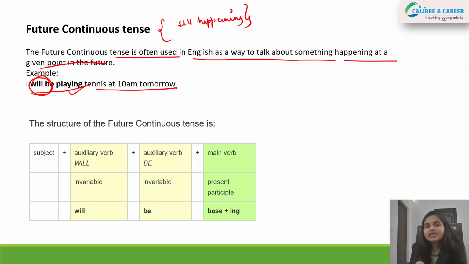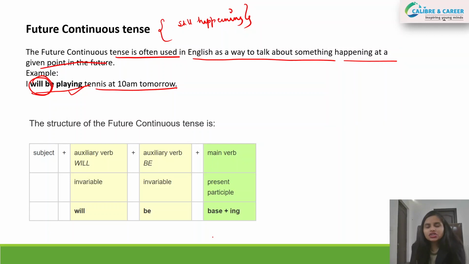First you will identify that; if it is given in present, then you see which form is used: simple, continuous, perfect, or perfect continuous. Once you understand the chronology, you will be able to identify the sentence correctly.